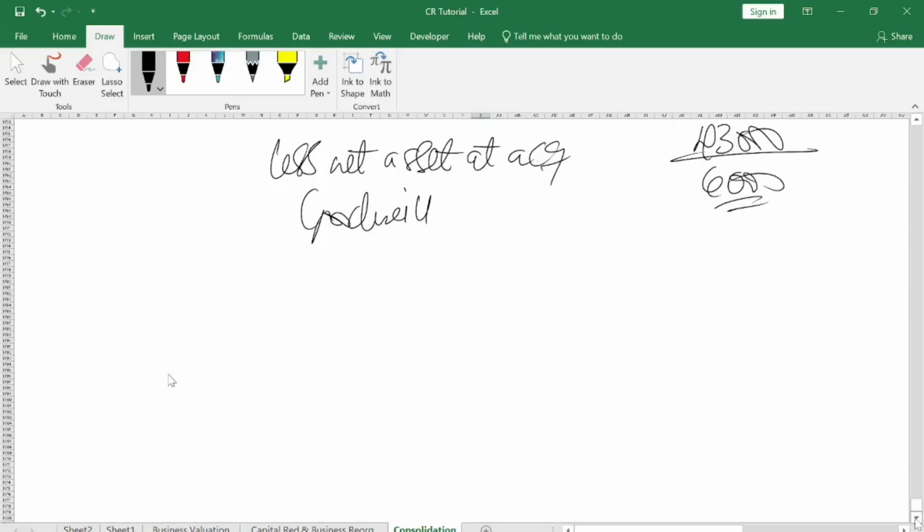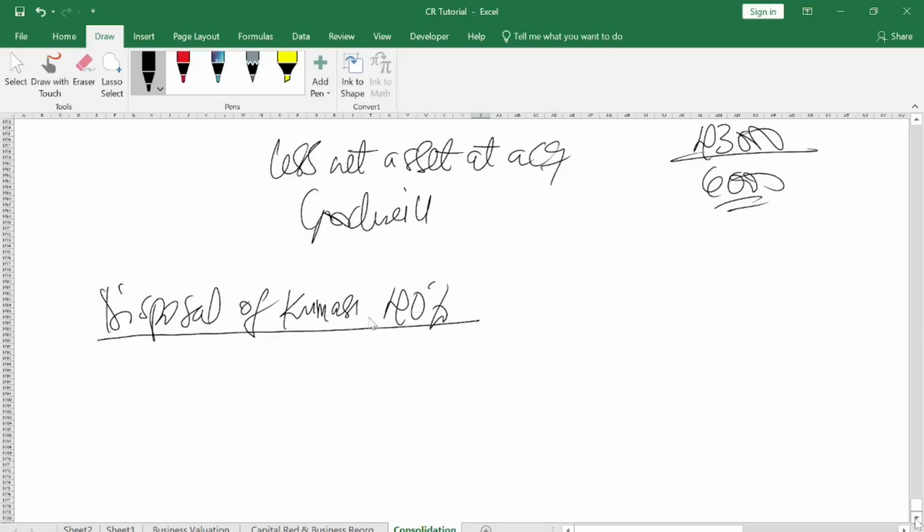It's simple. So how do we calculate the disposal? All you have to do is the disposal of Kumasi. What is the Kumasi that they are disposing? They are disposing how much? 40% out of 60%. Clearly, they want to become associates. So here, how much is the proceeds?